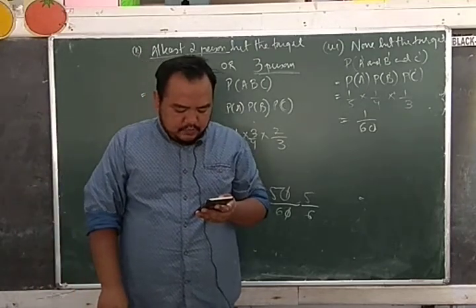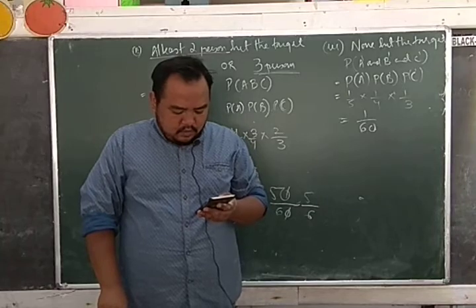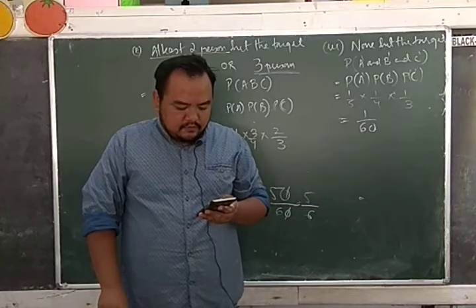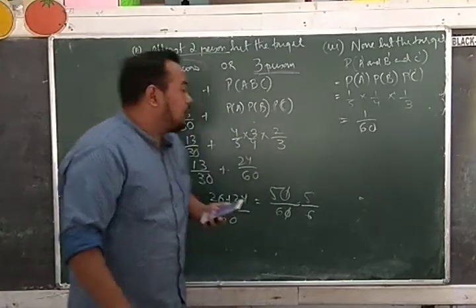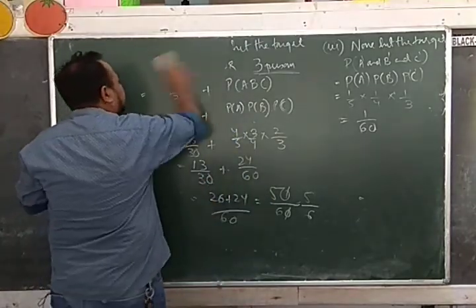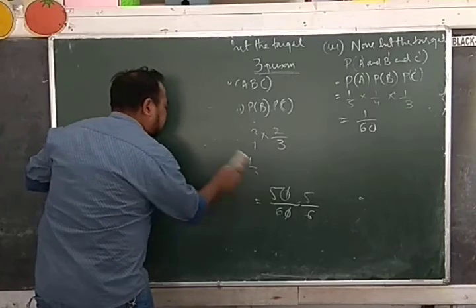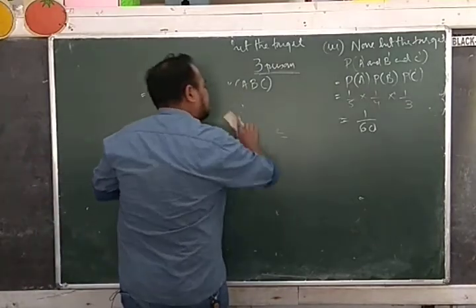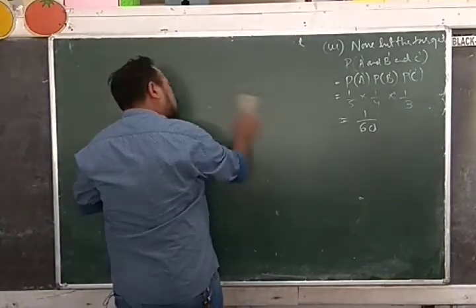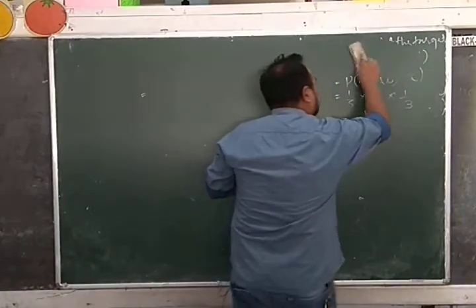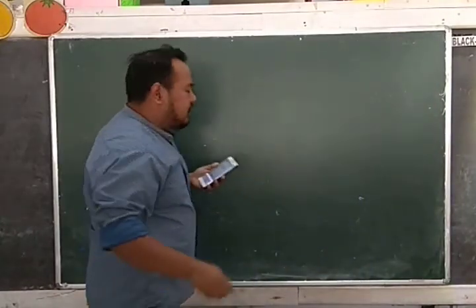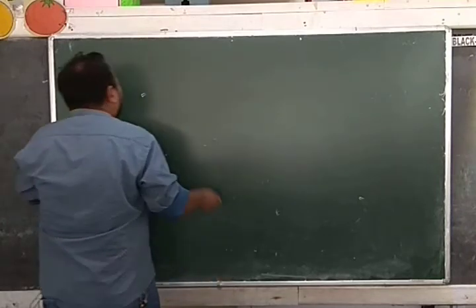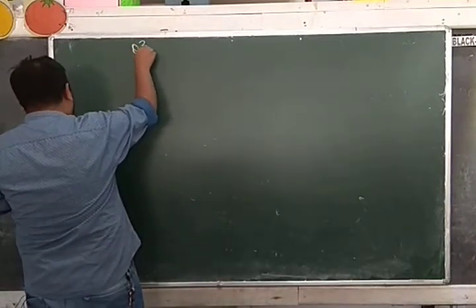Now, next what we can do is one very important question. I will just read out the question, question number 3. These questions are very important because all these questions have come in your ISC, so you can expect a similar type of question. Question number 3, I'll read out the question.